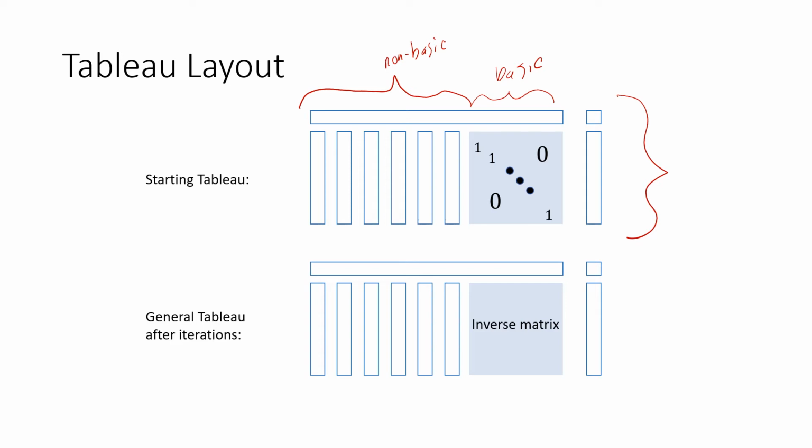When you get to your optimal tableau, those variables that were originally your basic variables, that originally formed an identity matrix, if you take those same columns, they are going to give you a matrix that is an inverse matrix of something you started with. And that's an important concept when you're dealing with duals and trying to understand what is in the tableau and how to read the tableau.